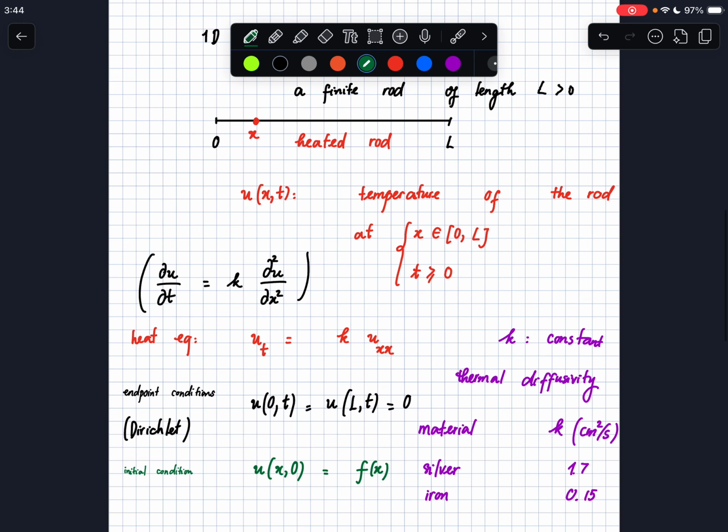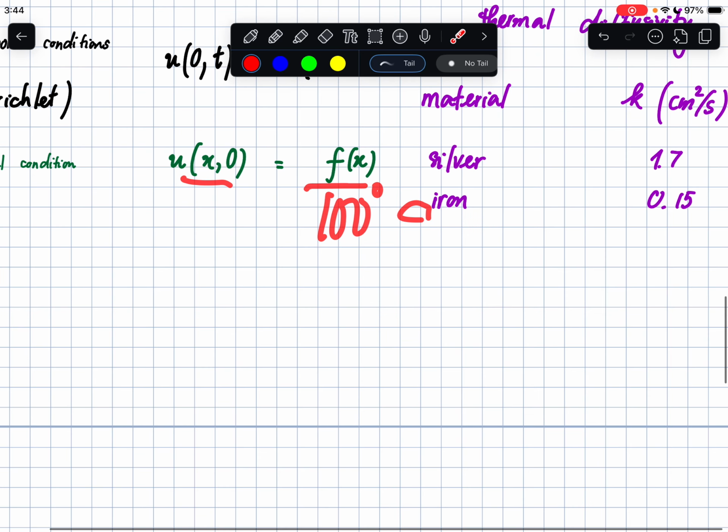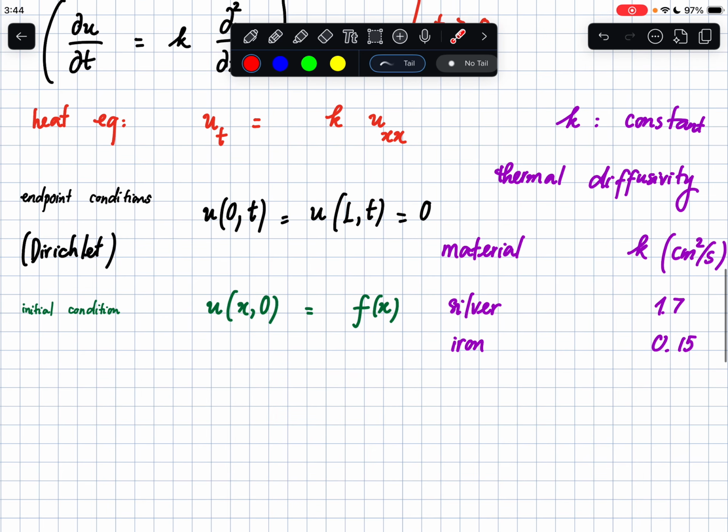So at time 0, we have a heated rod with some temperature profile f of x, which can be something. For example, I can choose that I heat this rod so that at the beginning u(x,0) equals 100 degrees Celsius, or it can be any function in x. We try to solve for this u(x,t).